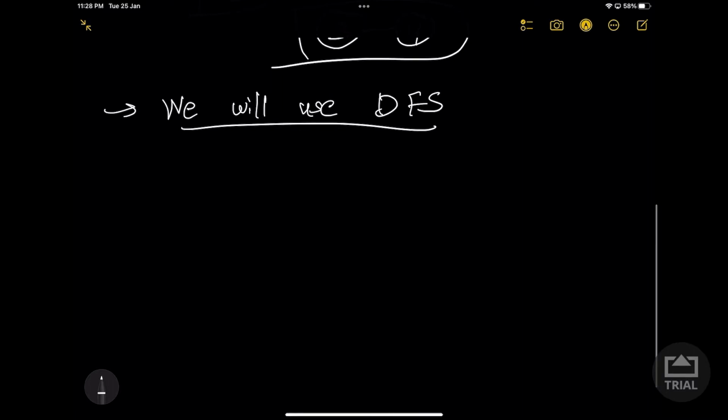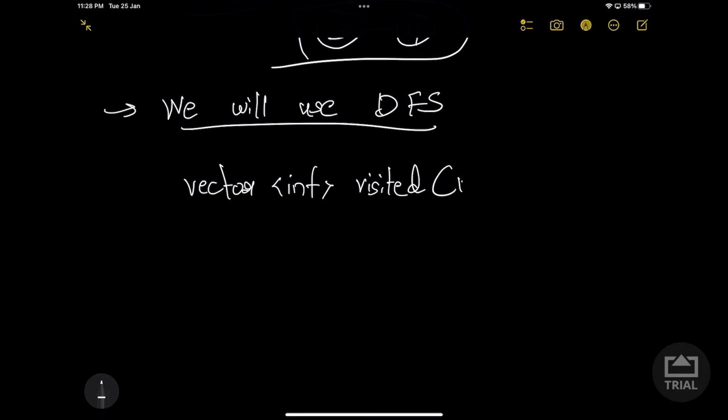How can we do this? We will create an array or vector visited, and the length of that will be n, which is the number of nodes, and we will initially mark all to 0. 0 will represent that the node is not visited, and 1 will represent that the node is already visited, so we don't have to process it again.